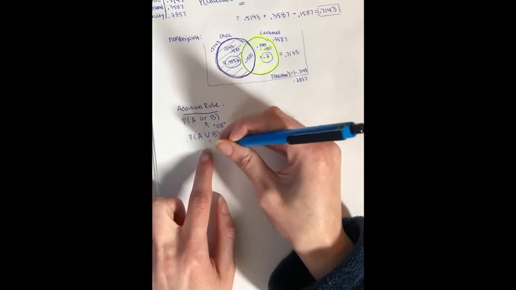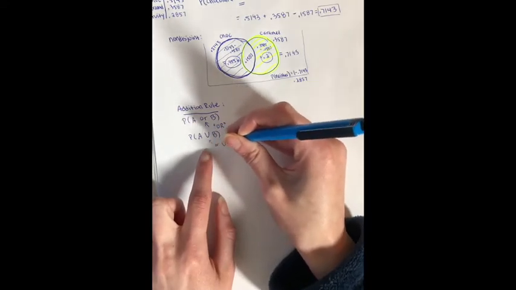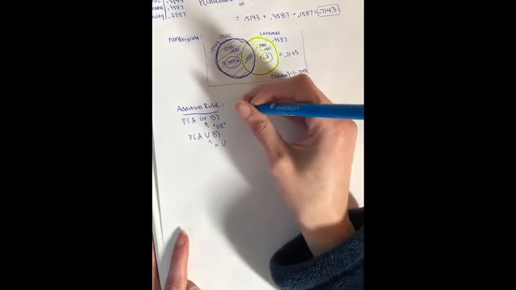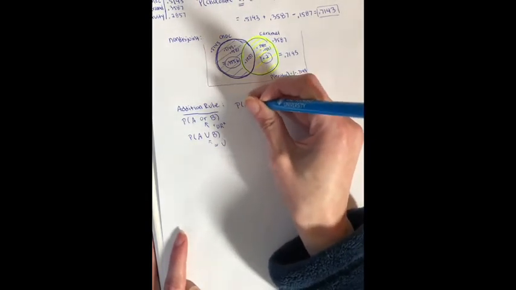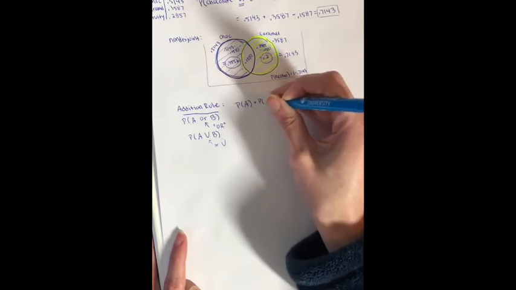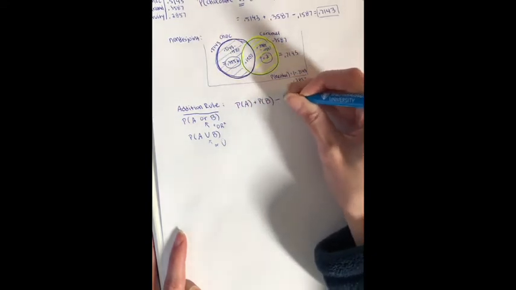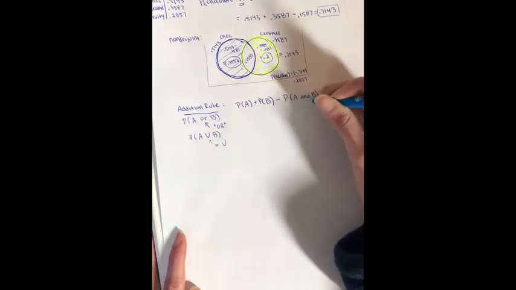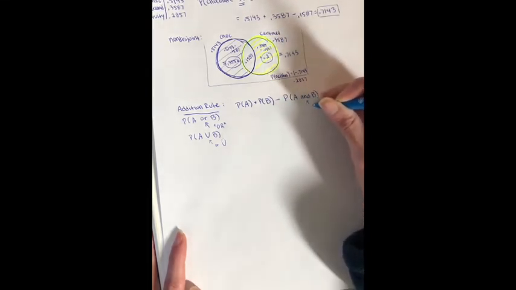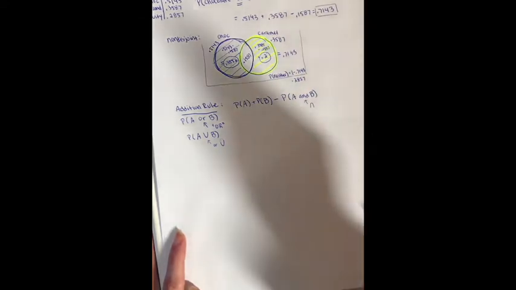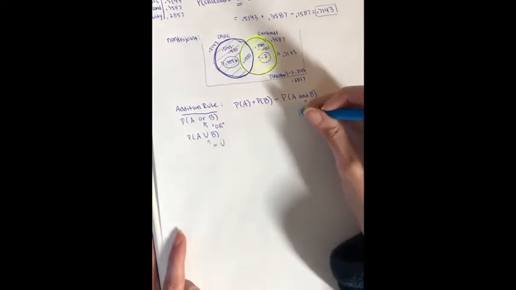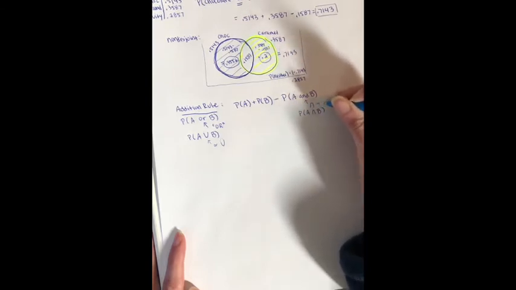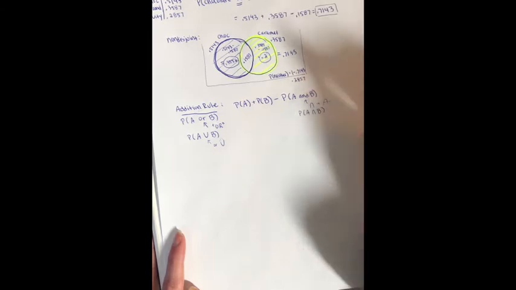I like to remember this is or because if I finish it out, it looks like an O. Okay, so P of A or B is P of A plus P of B minus that both, P of A and B. And sometimes you'll see this written as P of A and B. I like to remember that because if I finish it out, it looks like an A.